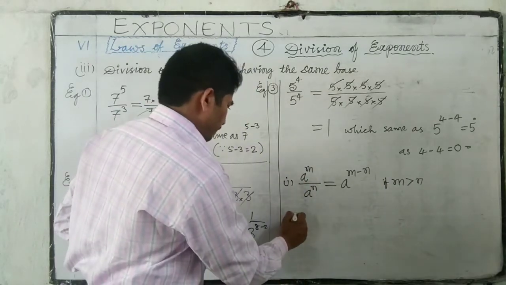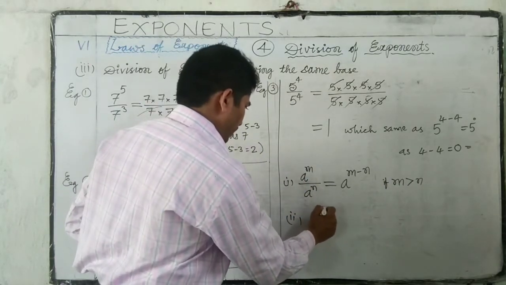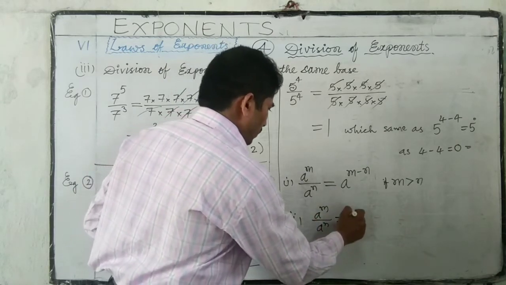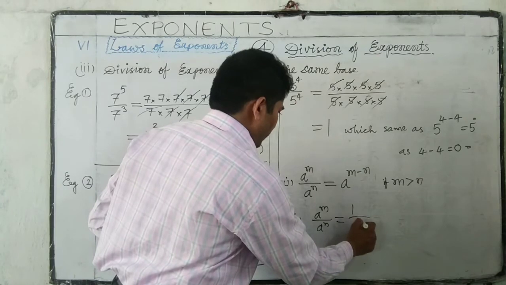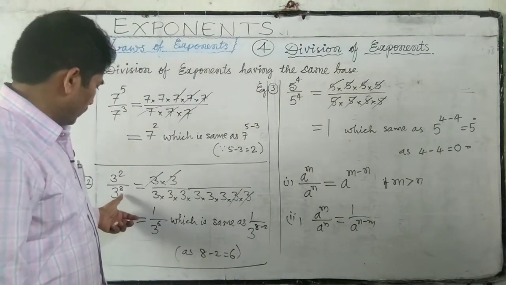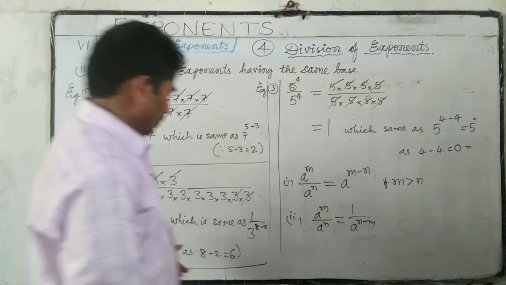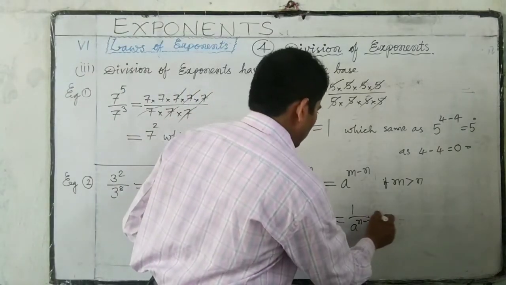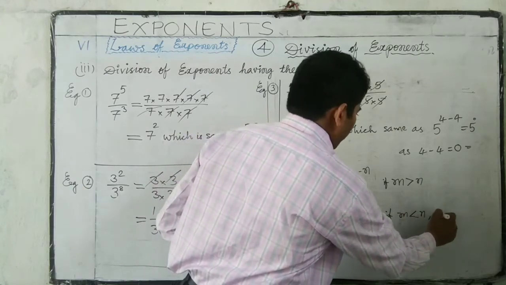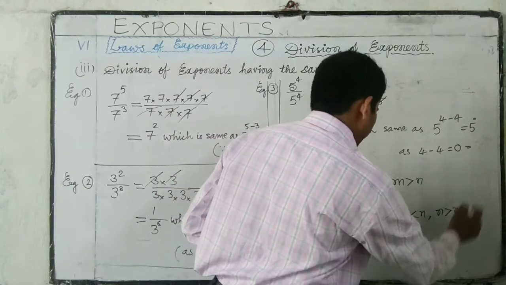And second, a to the power of m by a to the power of n is equal to 1 by a to the power of n minus m, like the second case, 8 minus 2, if m is less than n.